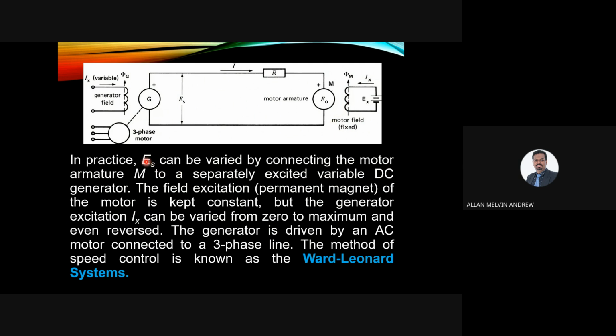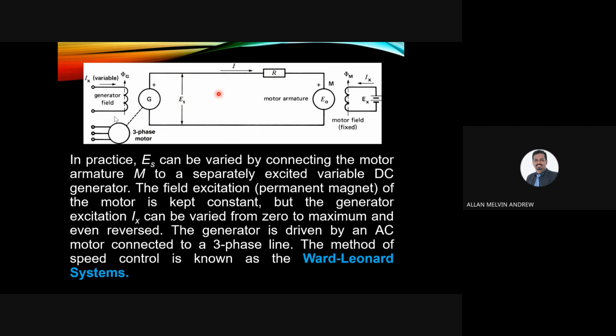So ES we can vary. The generator is driven by an AC motor connected to a three-phase line. By doing this, we can increase the speed, reduce it, and even reverse it. So we need not make any changes to the actual setup.